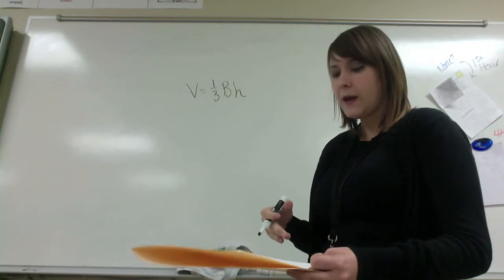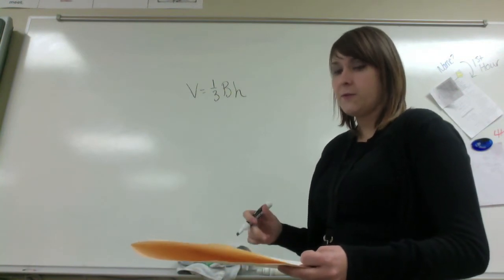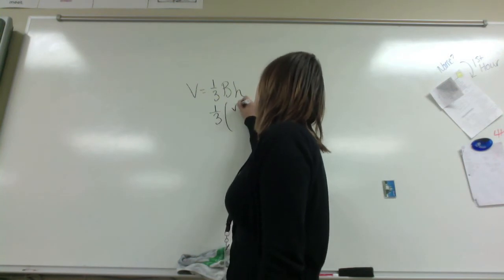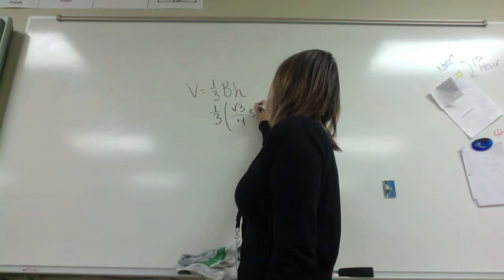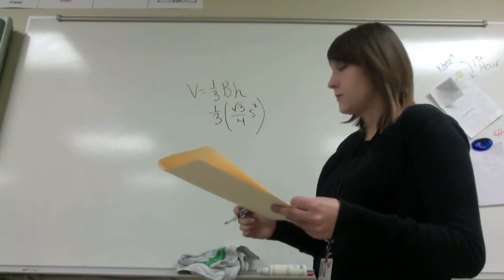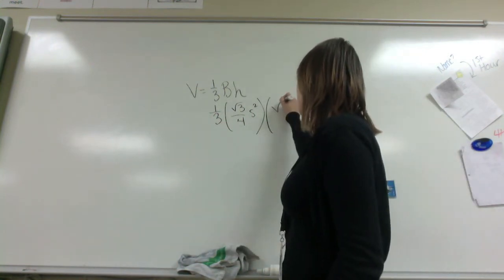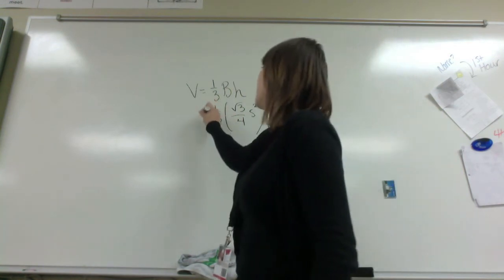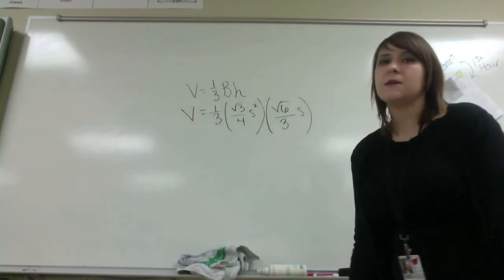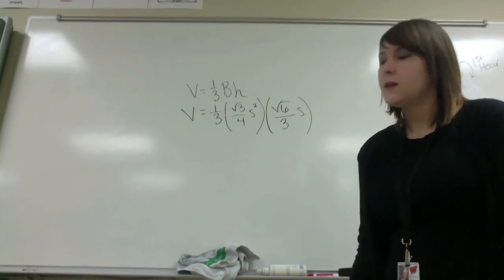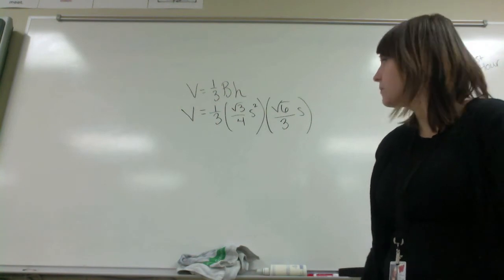I know that my base is square root 3 over 4 s squared. And I know that my height is square root 6 over 3 s. So this is going to be my volume in terms of edge length. Now what I need to do is simplify it down so that it actually looks nice.